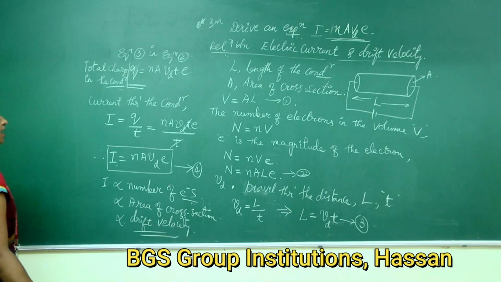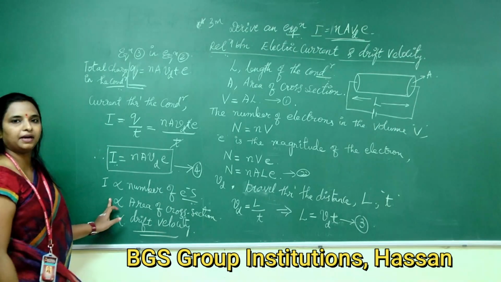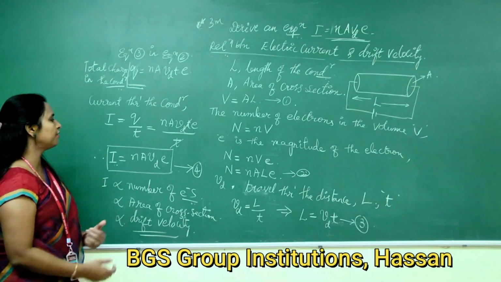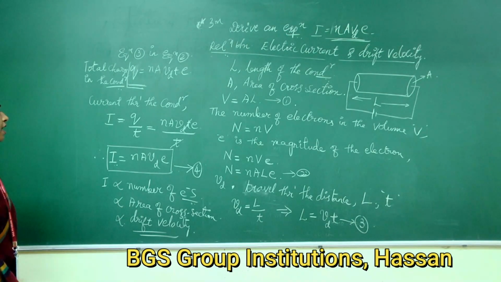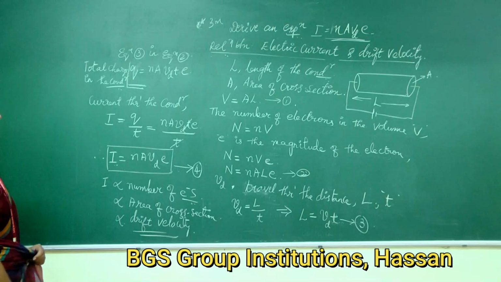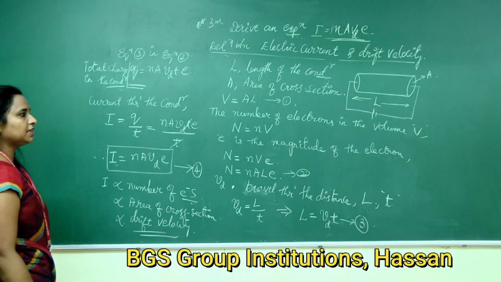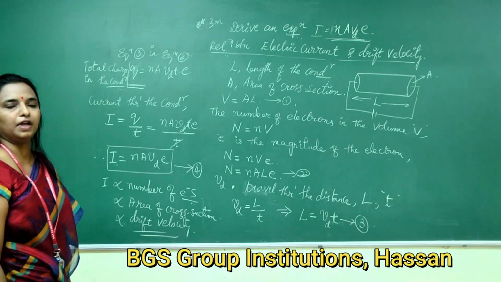So this is the relationship between the dependency of electric current on the number of electrons in the conductor, area of cross section of the conductor, and drift velocity with which the electrons will move.